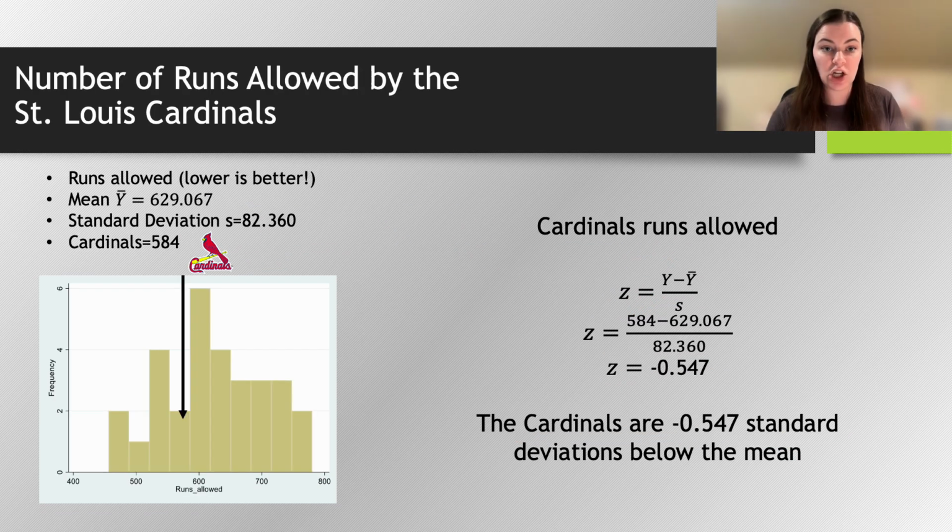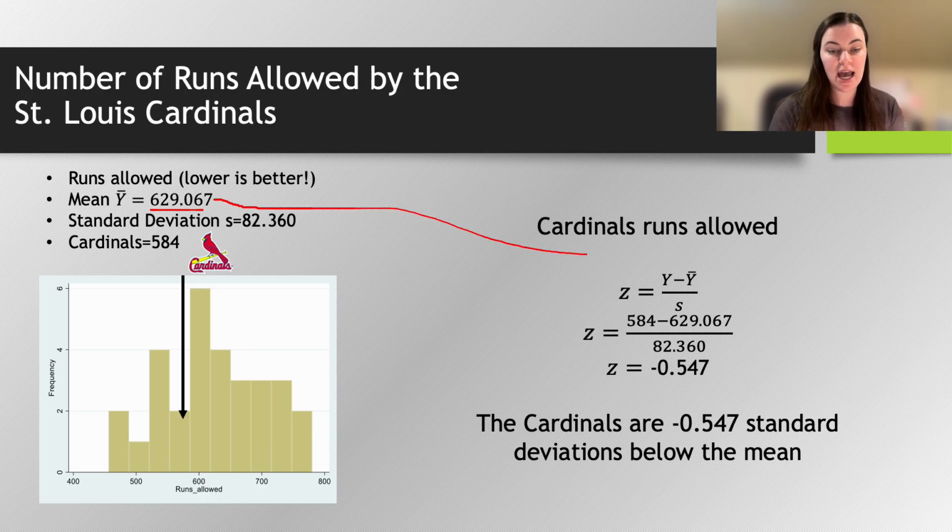Let's secondly take a look at this concept of runs allowed. And remember, this is how many runs they're giving up in a whole season, and so a lower number is better. You don't want to be giving up runs against the other team. So in this case, our average for the entire league in that year was 629.067 runs, and so that's where I get my average number here, so Y bar.